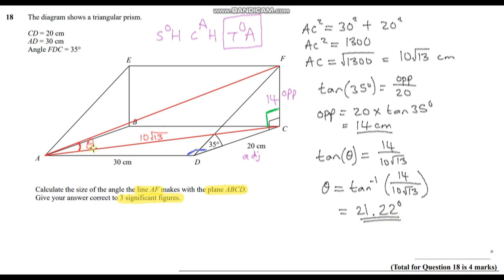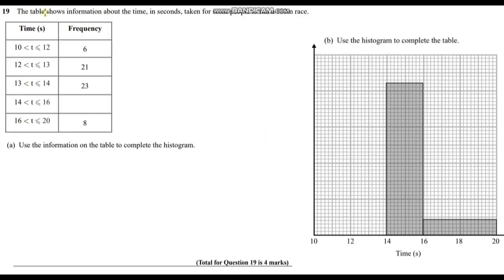If we do a dummy check, this is quite a small angle. It's obviously not drawn to scale, but I think this looks like a reasonable answer to give. Give your answer correct to 3 significant figures. Well, that's going to be 21.2 degrees.